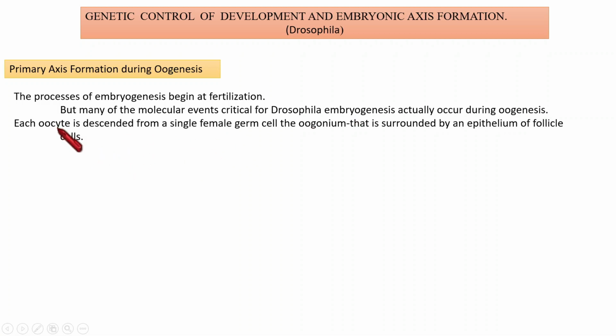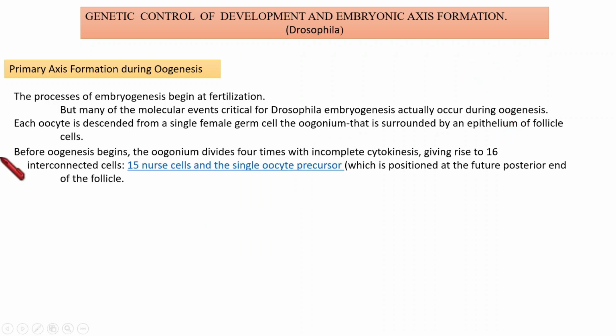Each oocyte is descended from a single female germ cell called the oogonium, and that oogonium is surrounded by an epithelium of follicle cells.